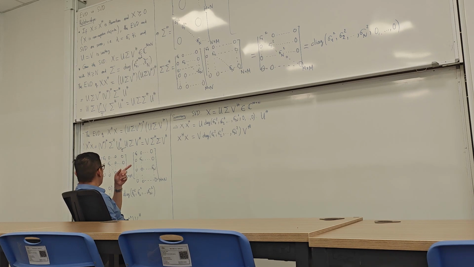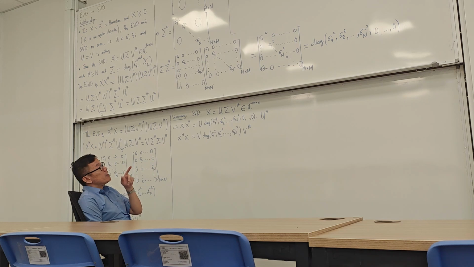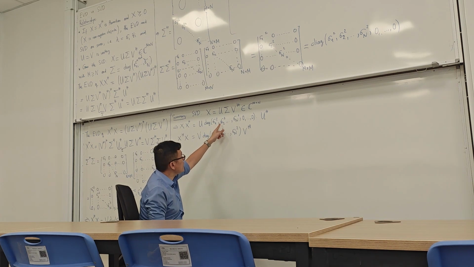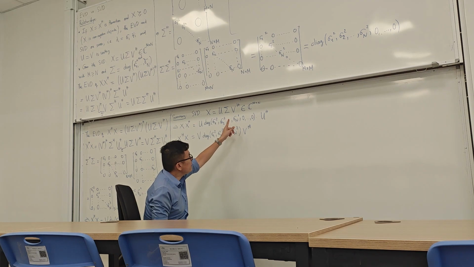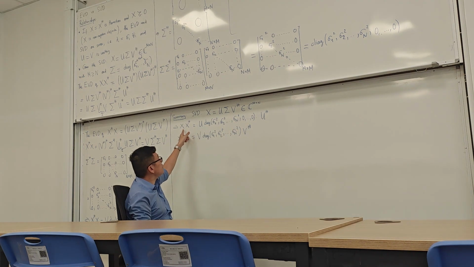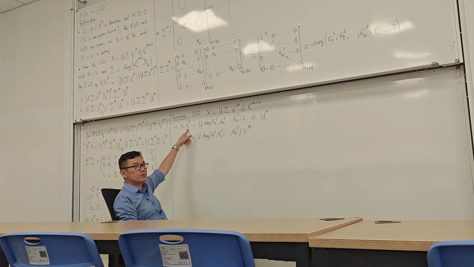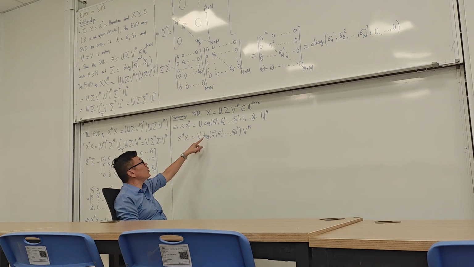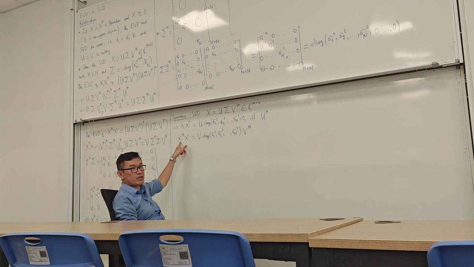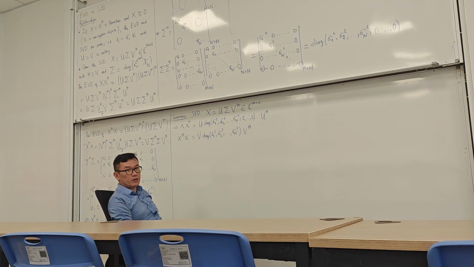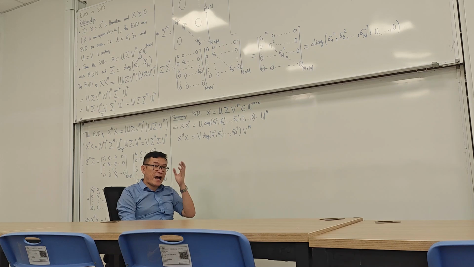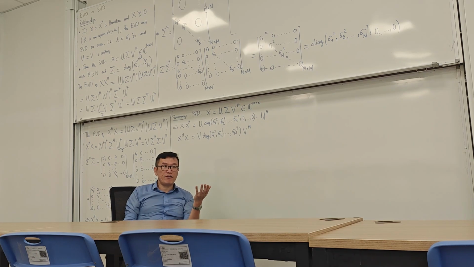So remember sigma 1, sigma 2, and so on, sigma n, they are singular values of the matrix X. But if you look at here, then sigma 1 square, sigma 2 square, sigma n square, they are eigenvalues of X multiplied with X Hermitian transpose, and they also are eigenvalues of X Hermitian transpose times X. That's very special, because that can help us to find out the singular values of a matrix X. Eigenvalues are easy, right?